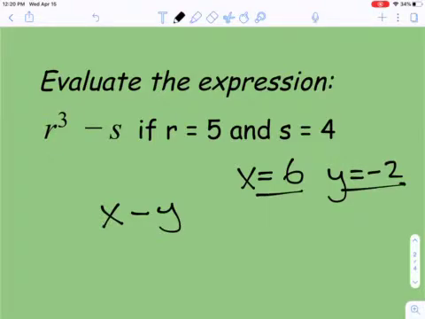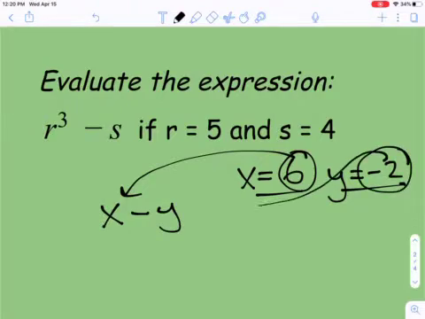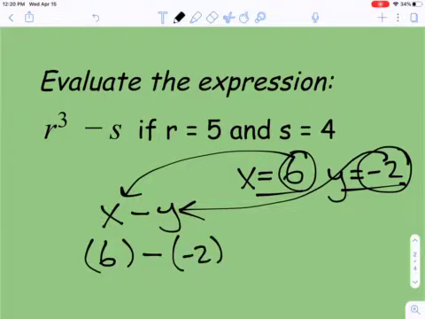You substitute this 6 where you see x, and this negative 2 where you see y, and then you rewrite it. So we would have 6 for our x minus, and then our y is negative 2.